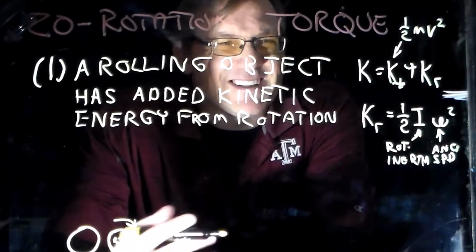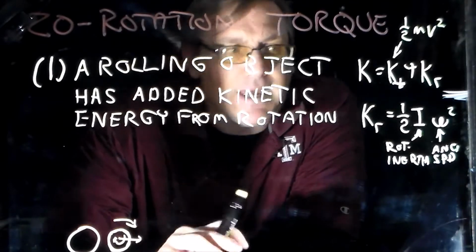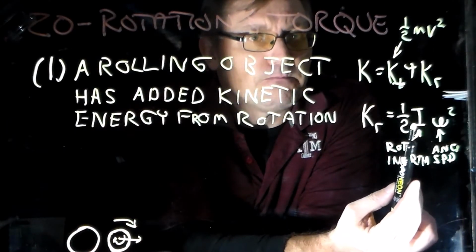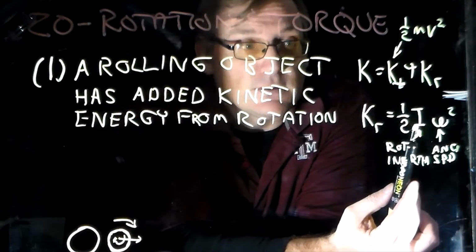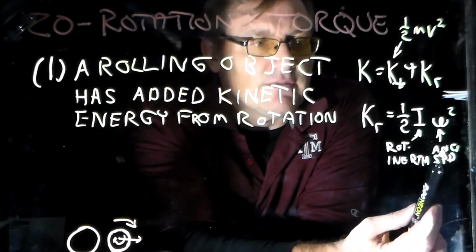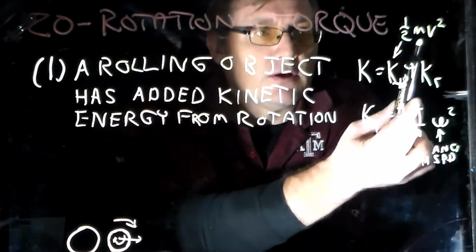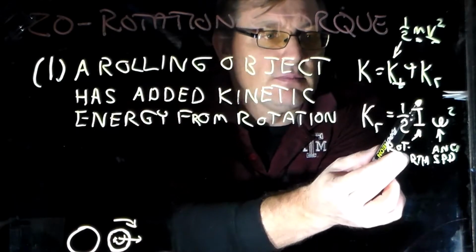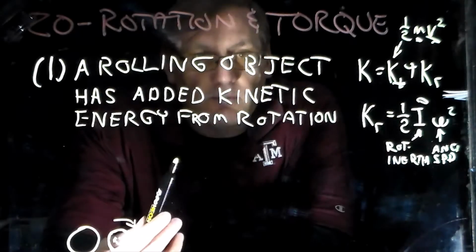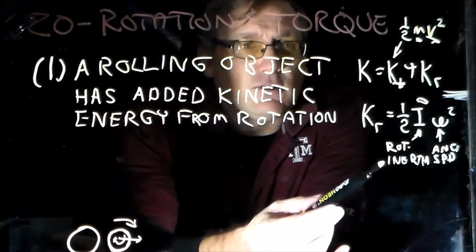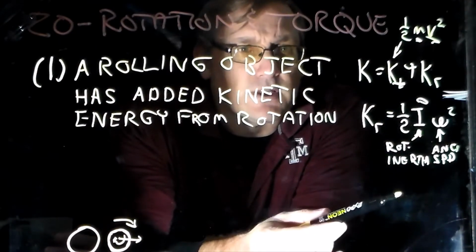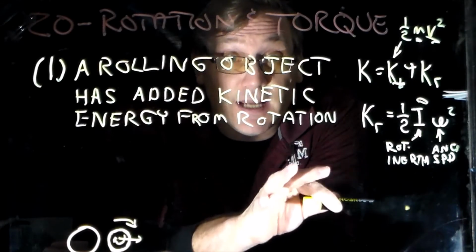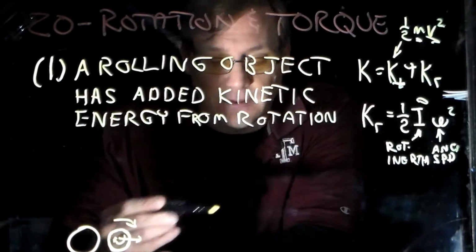The rotational inertia is a little bit different from the mass, but it has the same purpose in this equation. Here we have the angular speed, and here we have your speed squared, and the mass has the same purpose there. So you might guess that this rotational inertia has the same sort of meaning as the mass, and it actually does.